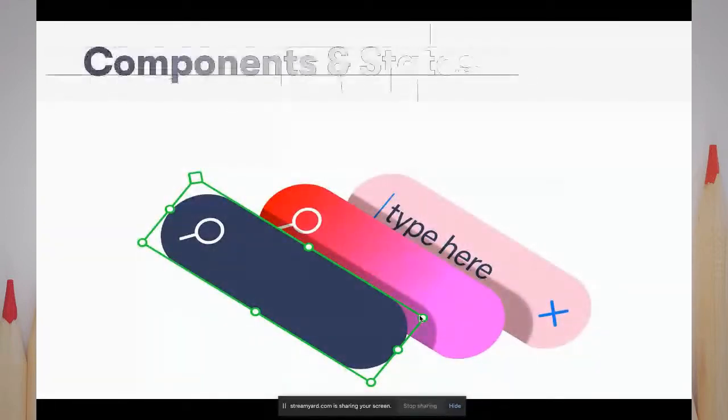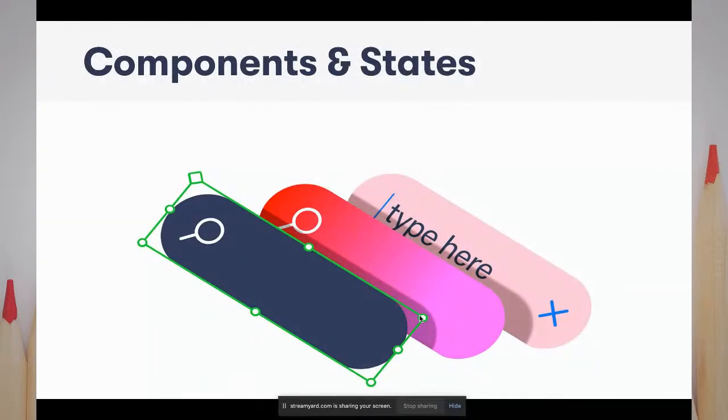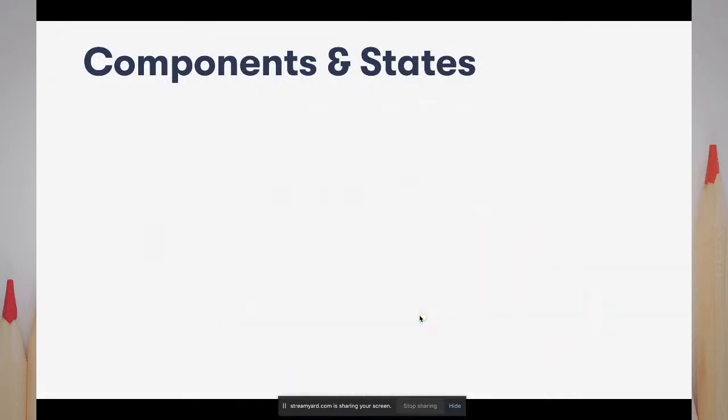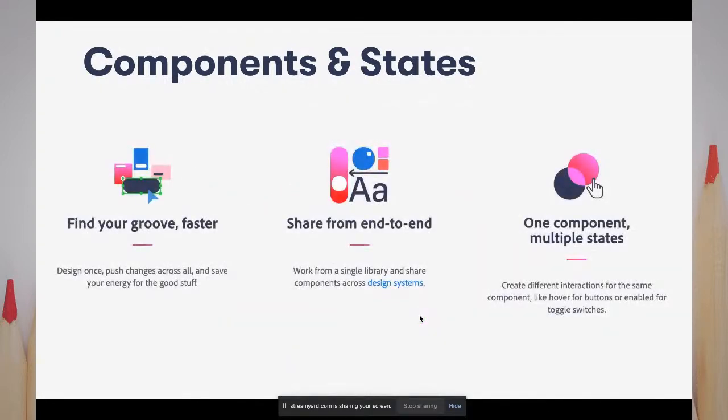And then next feature is the component and states. Component and state is very useful. I've used this a lot on all of my projects. So when you create it, it will push all the changes across.